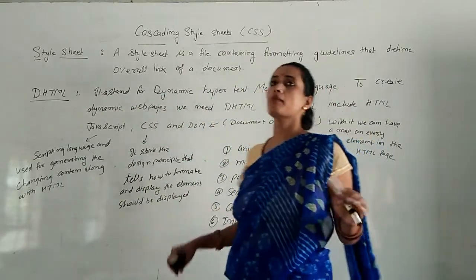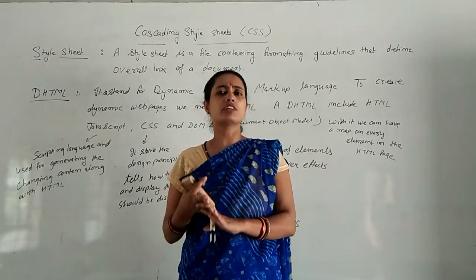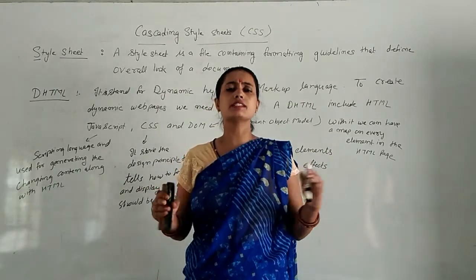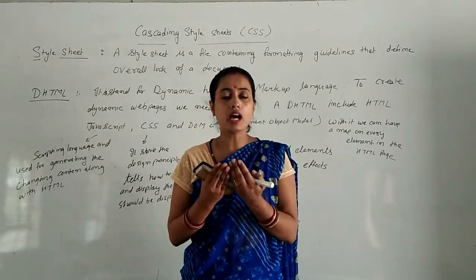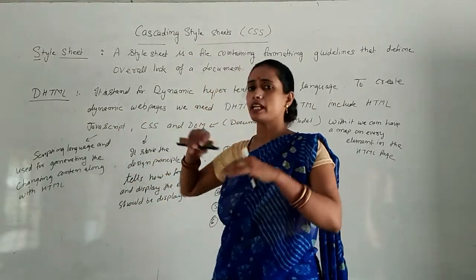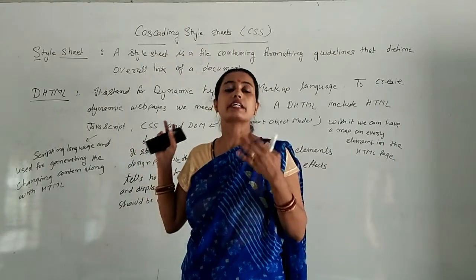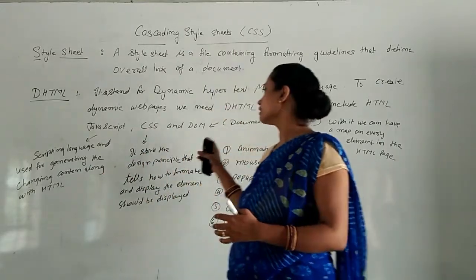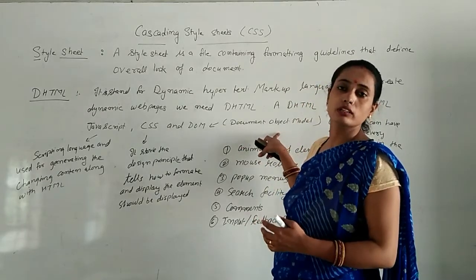You know, hypertext is not another language. If I'm talking about Wikipedia, it says it is an umbrella, which includes some content: HTML, JavaScript, CSS, that is Cascading Style Sheet, and the other is DOM, Document Object Model.